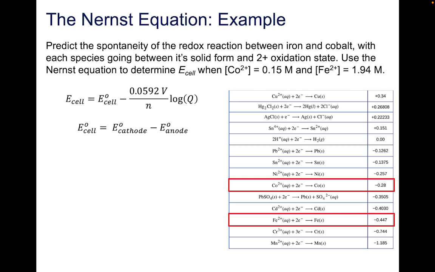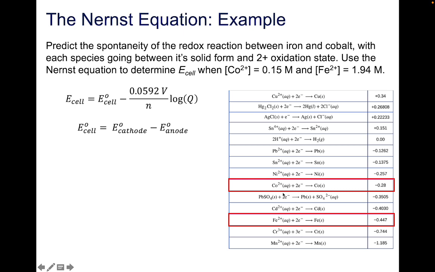So we can actually calculate E standard cell by looking at our standard condition reduction potential table, finding our cobalt and our iron. And of course, one of these values is always going to be more positive than the other. So you could think of that as also being less negative, if that's helpful to you. In this case, our cobalt has a more positive value than our iron reduction potential. Also a reminder, anything you see on this table is written as a reduction reaction.